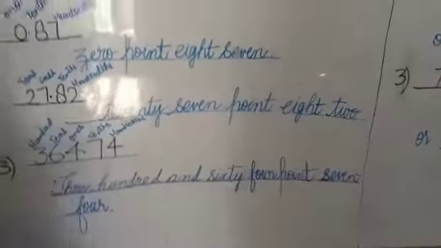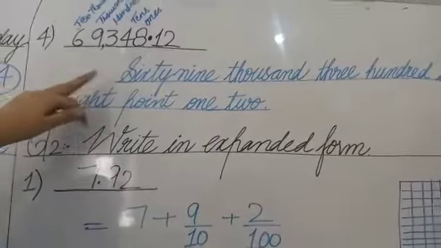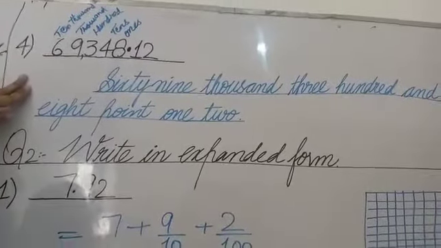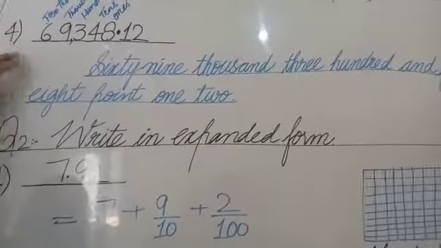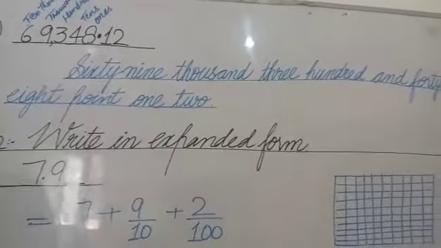This is part number 3. Now move to part number 4. This is 69,348.12. You first write the places of the given number and then you write the given number in words. This is question number 1.